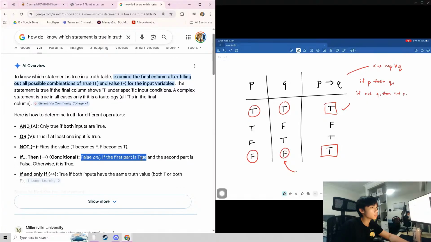False only if the first part is true and the second part is false.